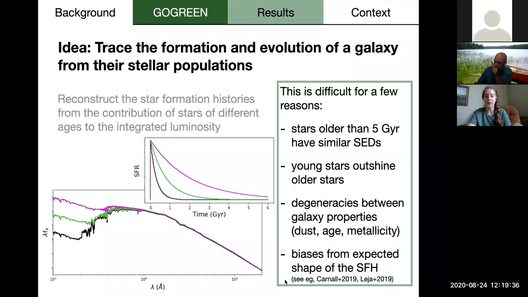There are 2 papers here that talk about this in quite a bit of detail, and I encourage you to look at them if you're interested in that particular topic. This is the motivation for why, in our work, we use non-parametric, more or less free-form star formation history models, as opposed to some sort of parametric form, like a declining exponential or double power law, which are also used in other works.